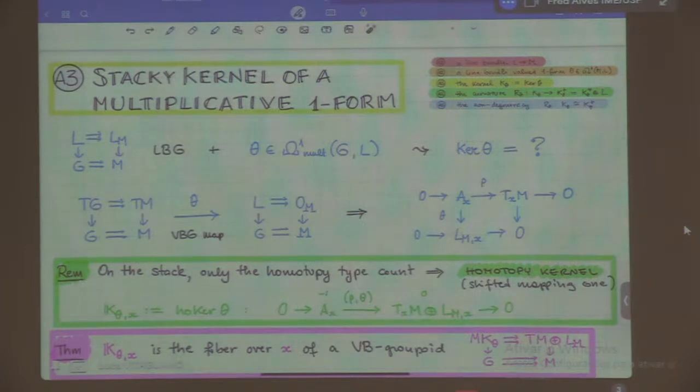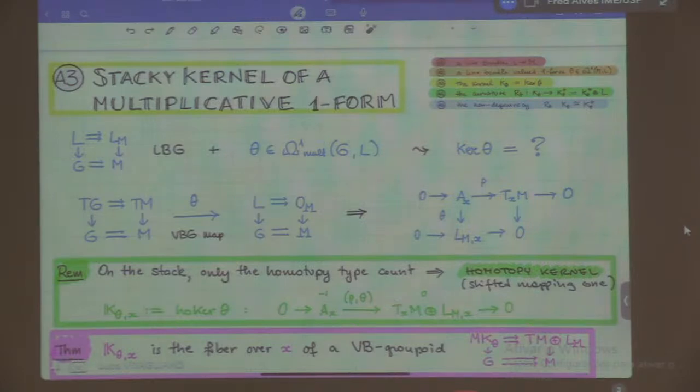So the homotopy kernel is basically the shifted mapping cone. With this in mind, we took the mapping cone of this cochain map, and by degree reasoning, it's a two-term cochain complex, which I denote with this bold K. It will play the role of the kernel of theta at the point x.